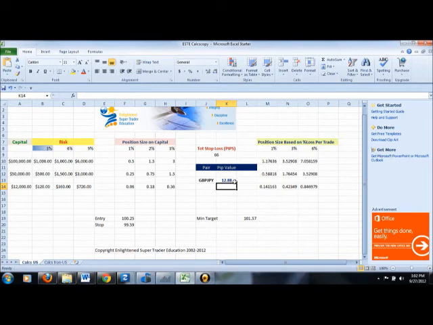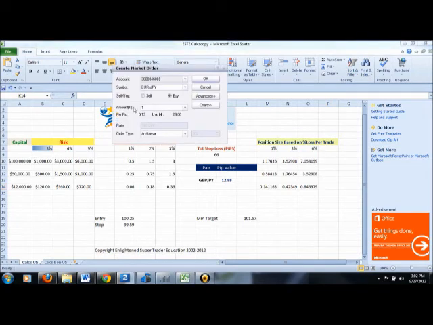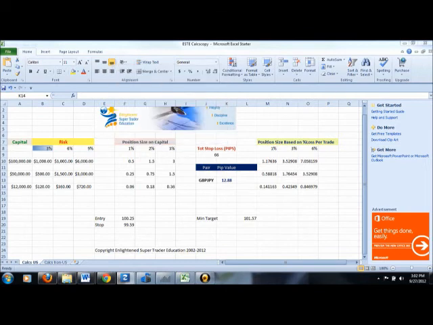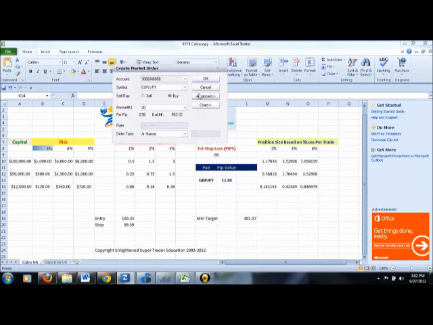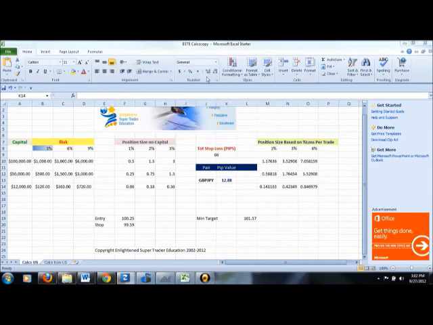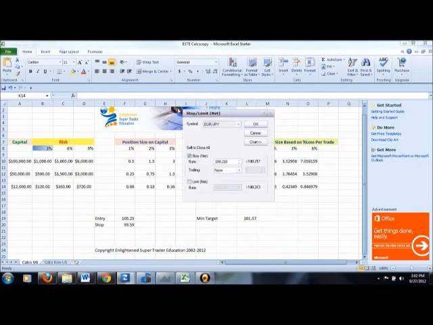8. Just to minimize, go put 6 buy. Okay, 99.59. 59 minimum target 101.57.